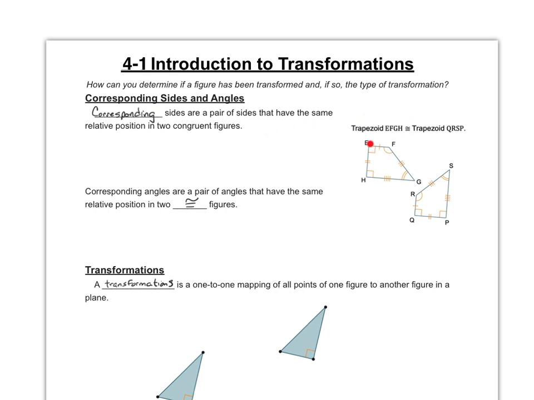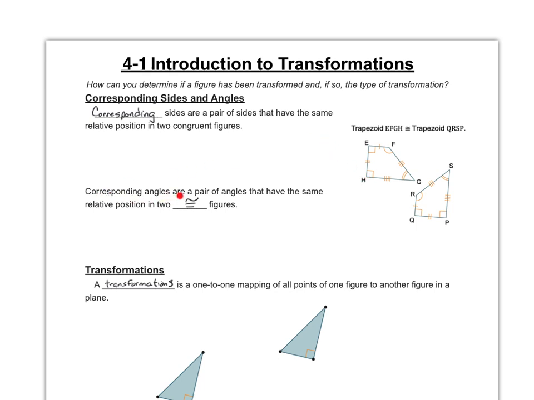So EF is congruent to QR. That would be the corresponding sides. As you can see, it's the same length. It has the little hash mark or tick mark, and just being able to look at that, we can see what corresponds to what by looking either at the name or at the image.